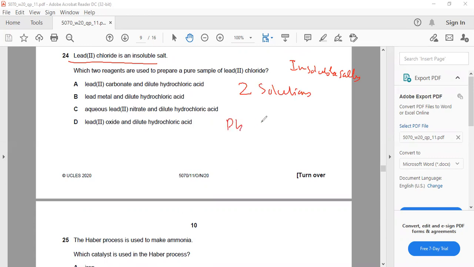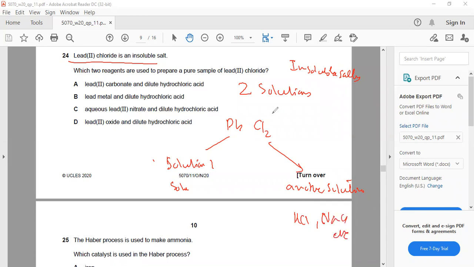Like lead chloride: lead is from one solution which is soluble, and chloride from another solution having chloride, usually HCl or NaCl. So simply recall your solubility, preparation of insoluble salts, how they are prepared.